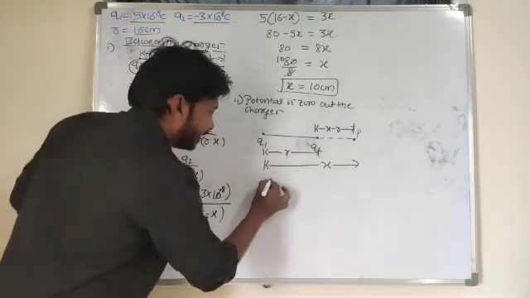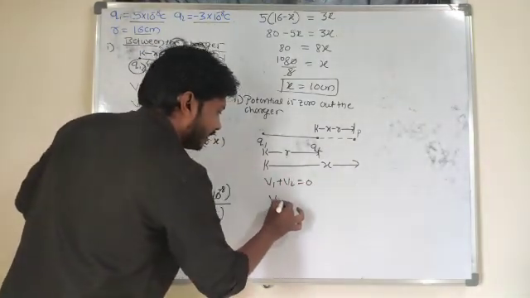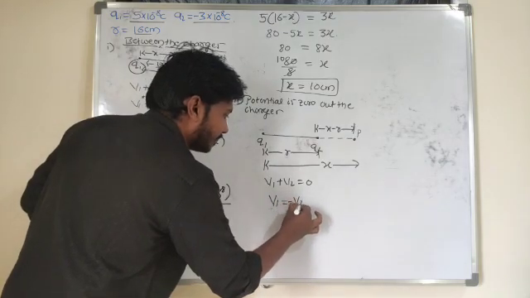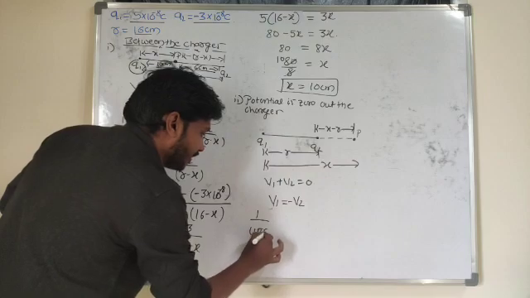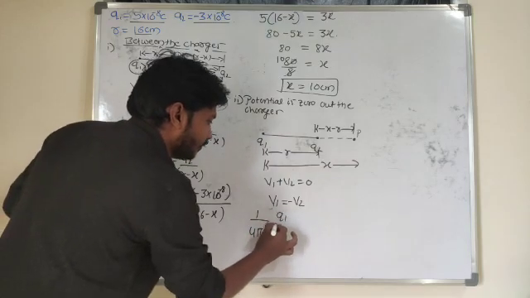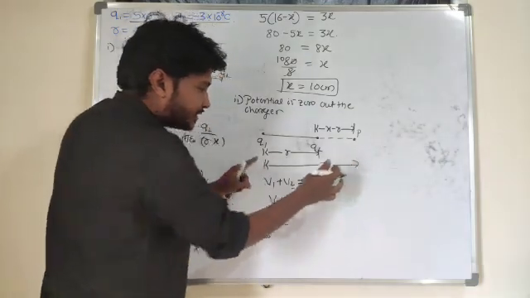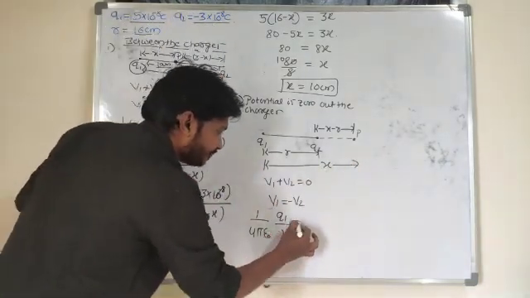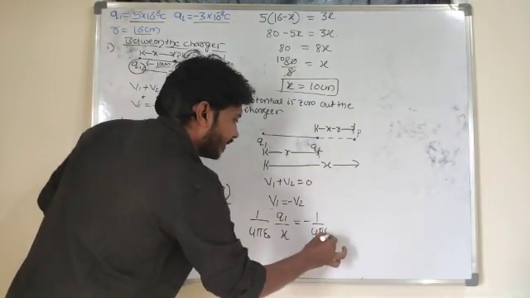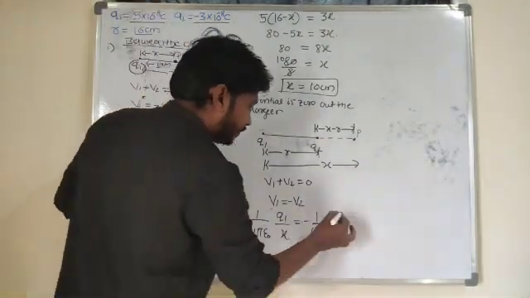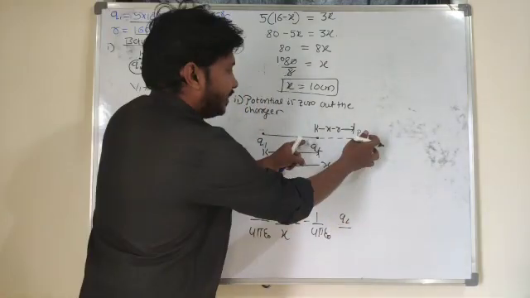So similarly I can take V1 plus V2 is equal to 0, again V1 is equal to minus V2. So same thing, 1 by 4 pi epsilon naught q1 divided by x, the distance from q1 to the point of observation, and minus 1 by 4 pi epsilon naught q2 into the distance from q2 to the point of observation, x minus r.